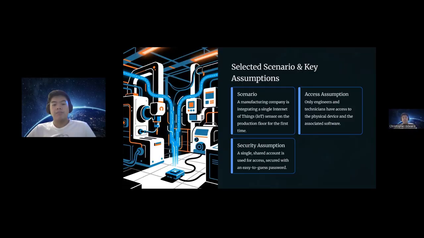It introduces immediate security risks. These assumptions and scenarios help set the stage for identifying where vulnerabilities exist and how serious they might become once IoT is introduced.